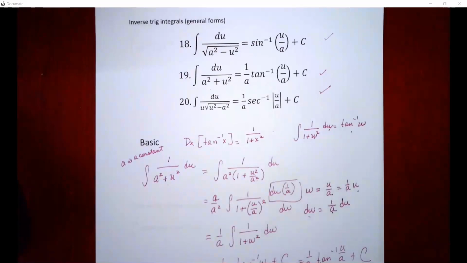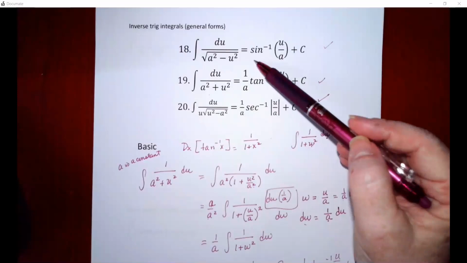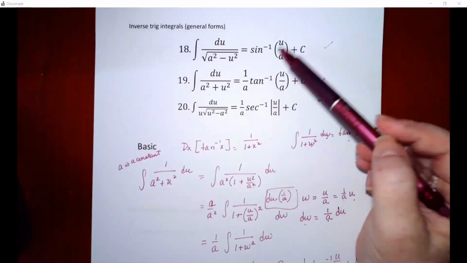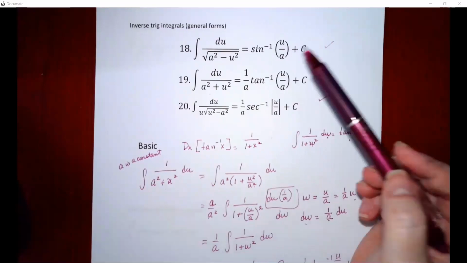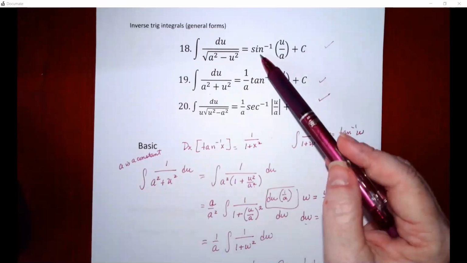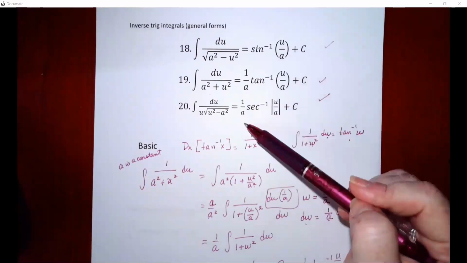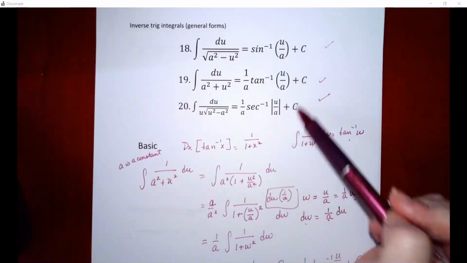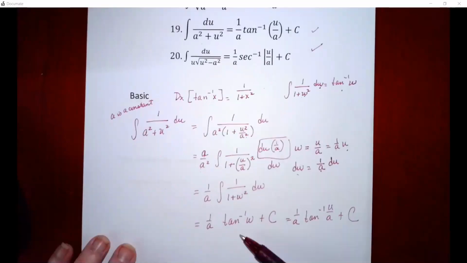Notice there is not a 1 over a out in front of the arc sine function, and that's because if we go through this process, the a and the 1 over a will cancel each other out. But there is one in front of the arc tangent and the arc secant. So add these to your flashcard list unless you want to have to go through and factor out the constants every single time.